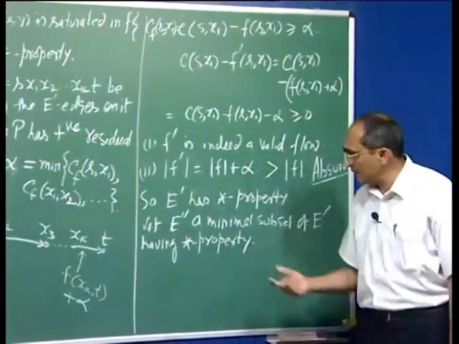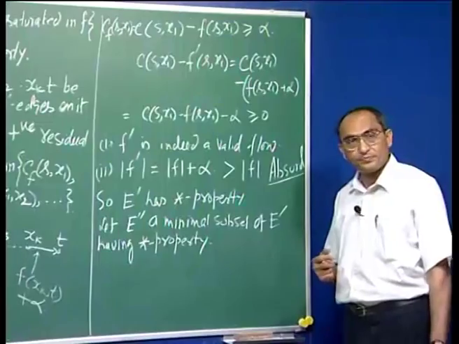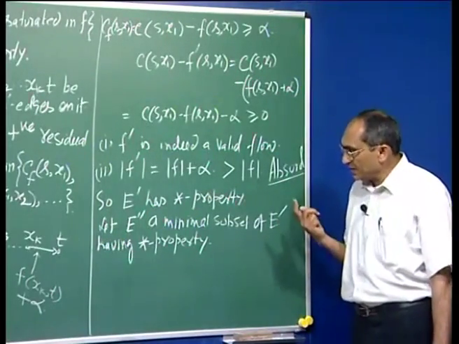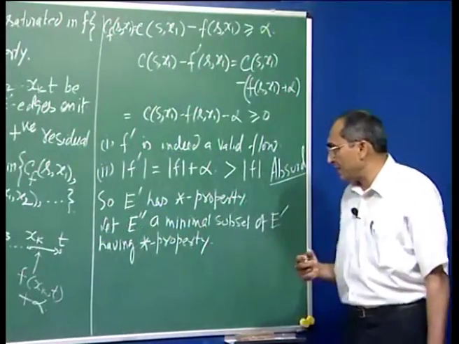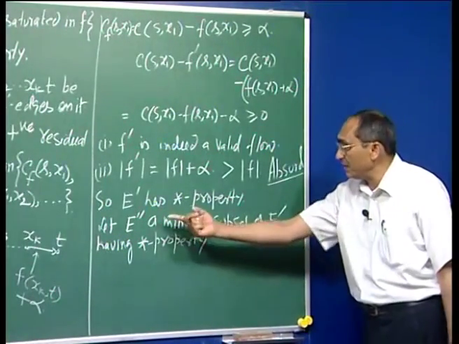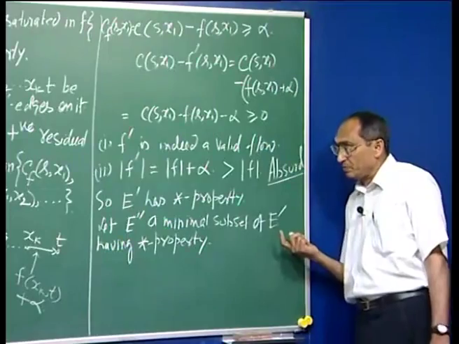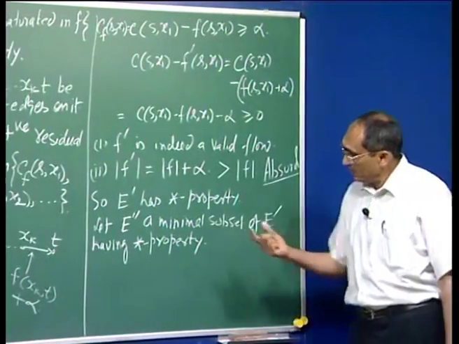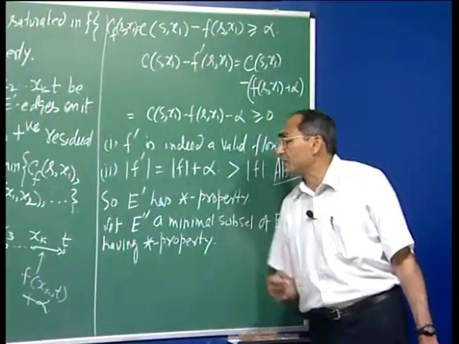So, I still want this to have this property. Well, certainly E double prime exists, because if every subset of E prime fails to have star property, then E double prime will be E prime. So, there is no problem in establishing the existence of E double prime.